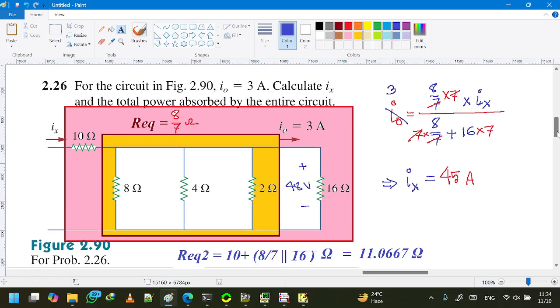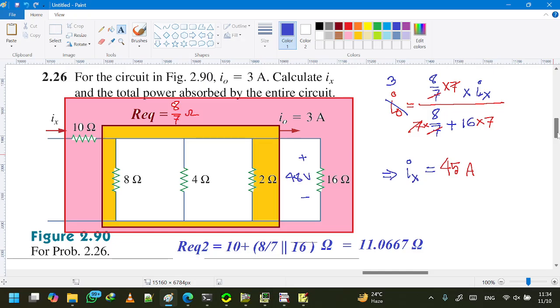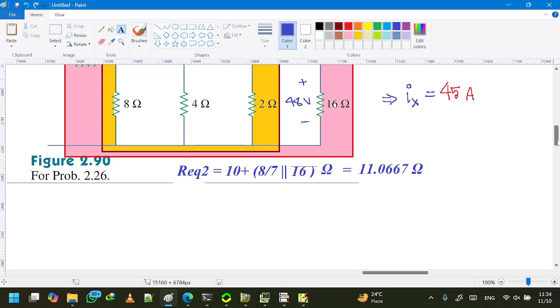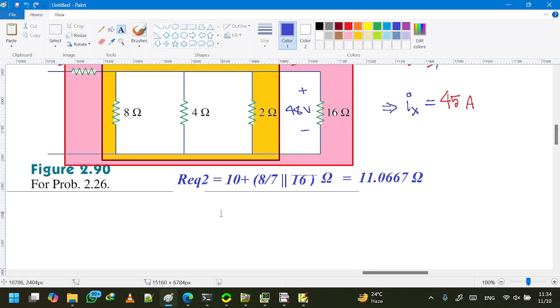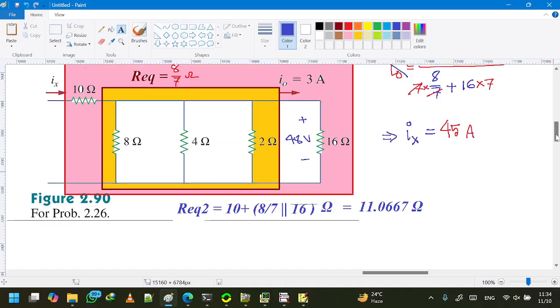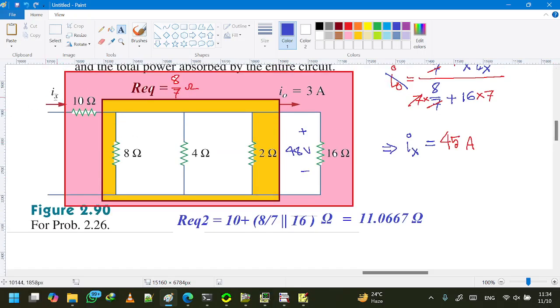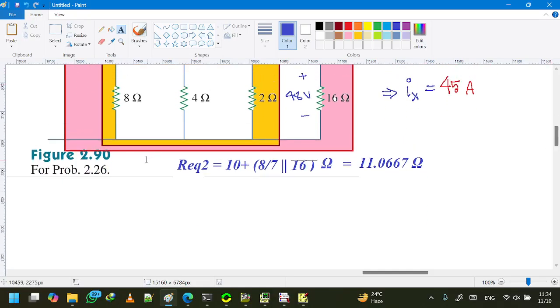So for the total power absorbed by the circuit, we know that the power is given as VI, but here we do not have V, but we have Ix and R equivalent. The overall current of the circuit is Ix, and the overall equivalent resistance is R equivalent 2. So we can calculate the power by using the I square R formula.